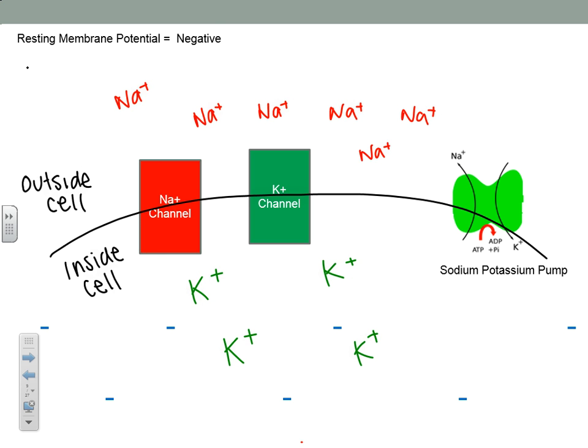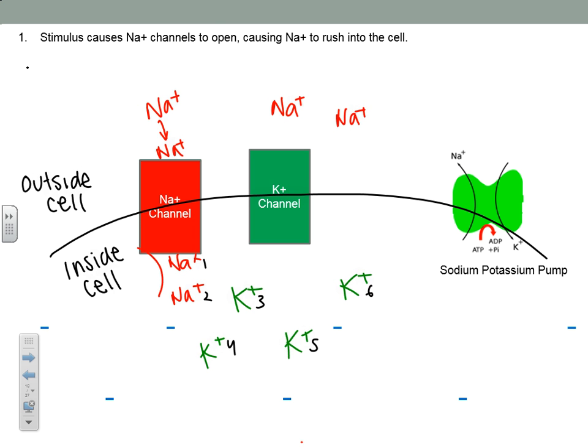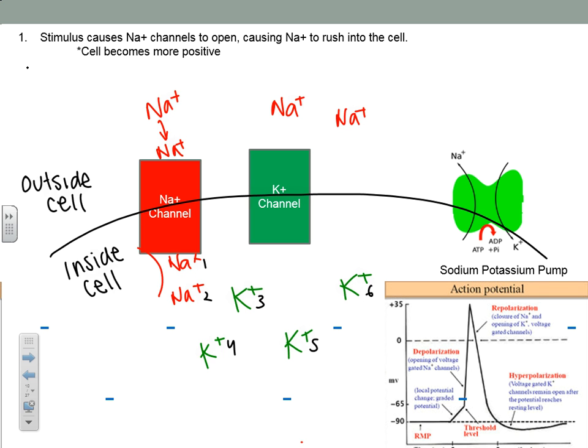On the last slide, I only had 4 positive charges. So what's happening here is the cell is becoming more positive. The stimulus causes sodium channels to open, sodium starts rushing in, and the cell is going to become more positive. So you see right here, this is called depolarization.